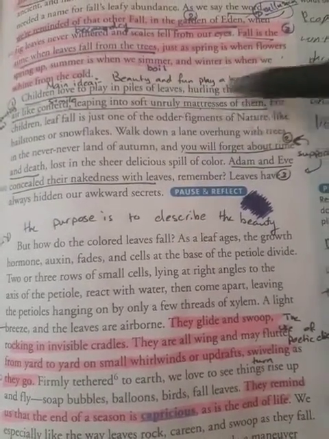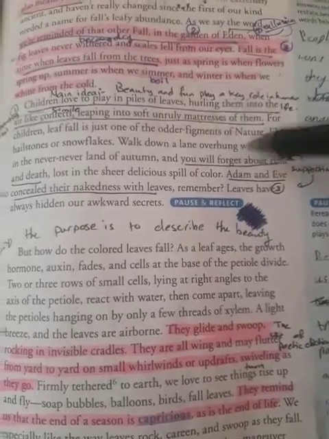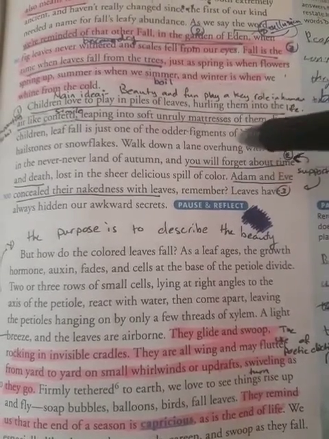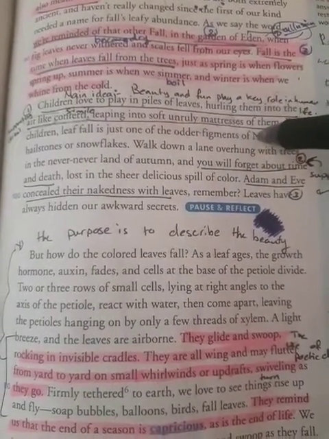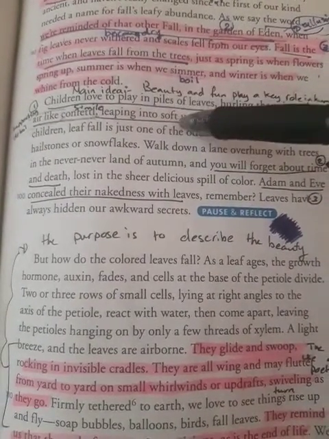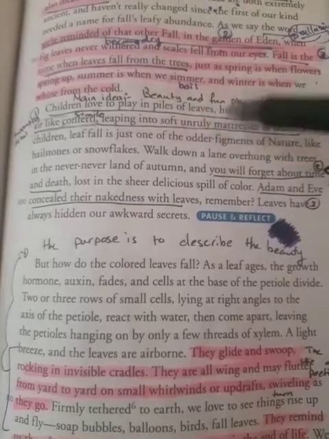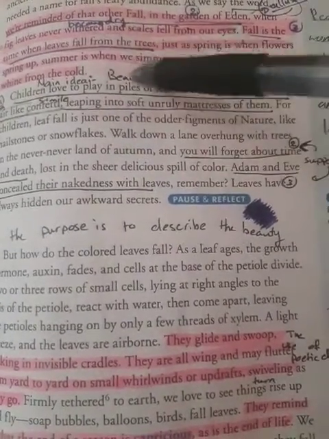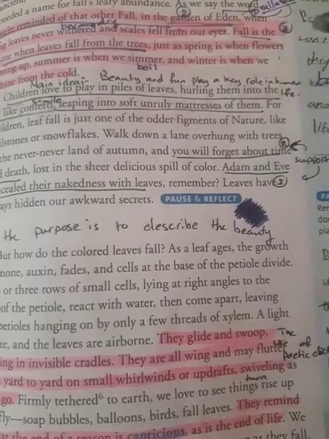Here also you have to write next to this paragraph the pattern of organization is main idea and supporting details. Okay? So, the pattern of organization of this paragraph, the main idea and supporting detail. Now, if I ask you what's the main idea of this paragraph, you have to write the main idea above this paragraph. Beauty and fun play a key role in human life.